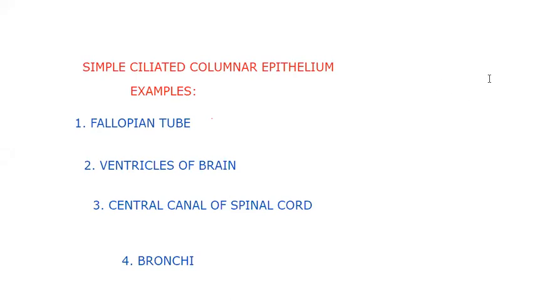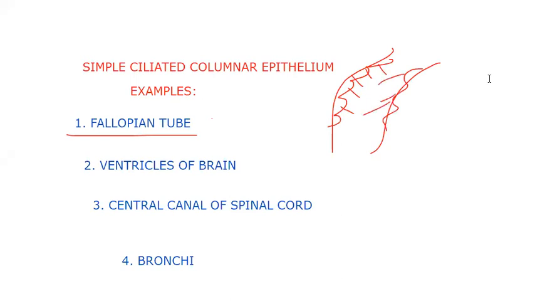The simple ciliated columnar epithelium, example: fallopian tube. We find it in the female reproductive system where fertilization takes place, that is the fallopian tube. So ciliated columnar epithelium is present there.